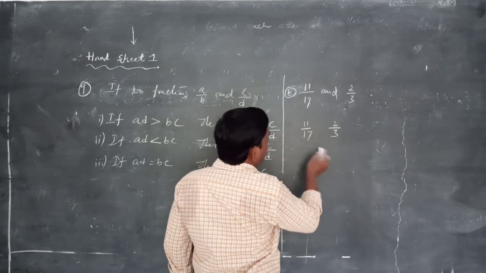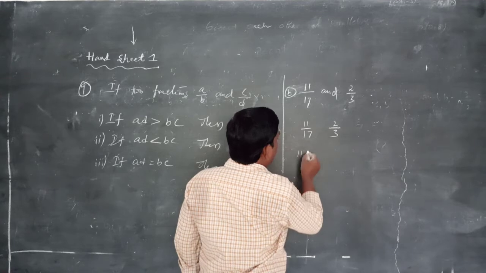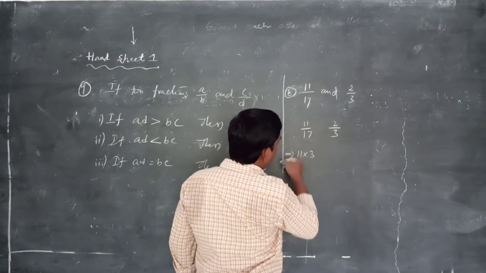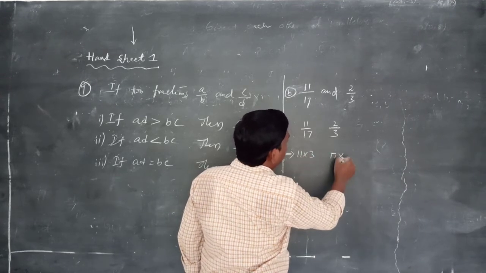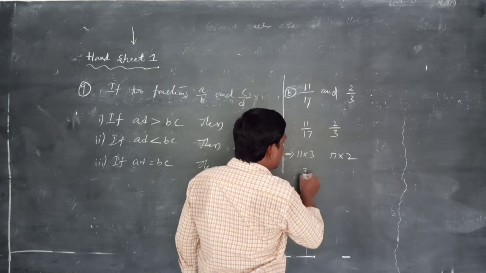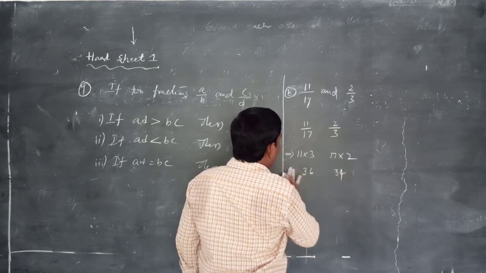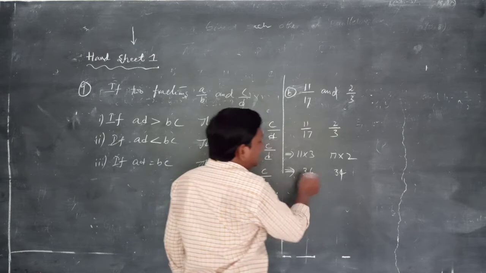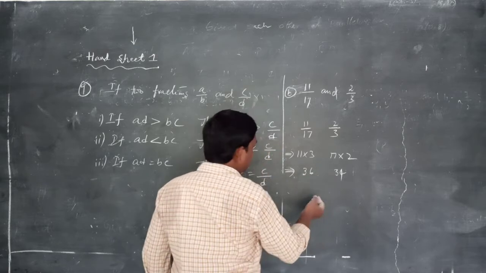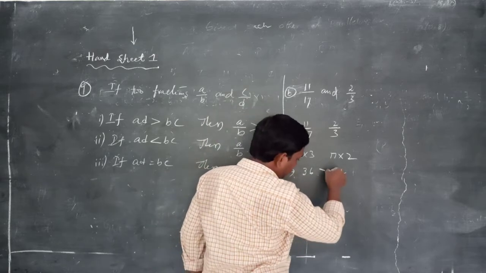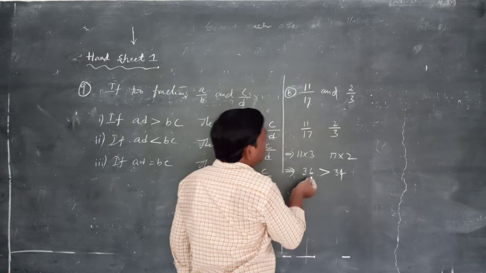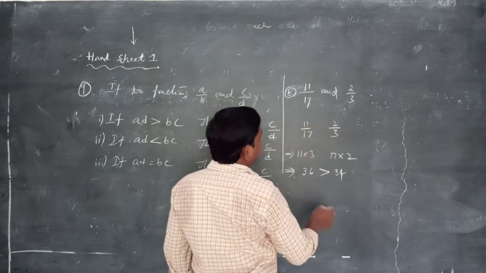Take the cross multiplication. 11 into 3, 17 into 2. 11 threes are 33, 17 twos are 34. Here 33 is less than 34. So write the corresponding fractions.